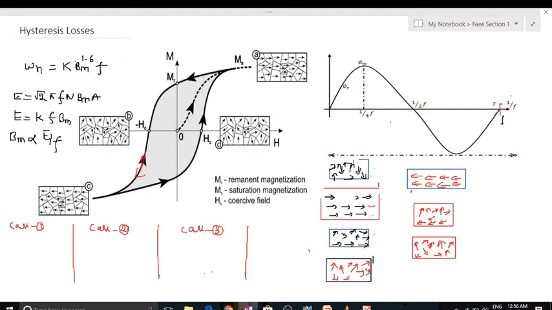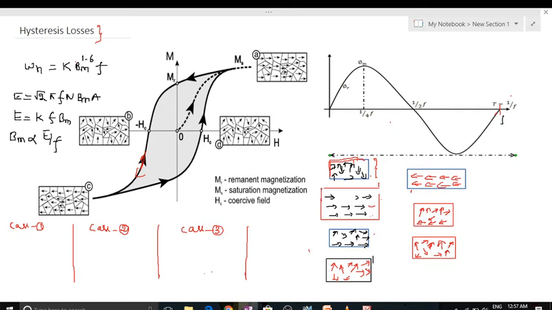transformer core. Fine, everything is over, but why do the hysteresis losses take place? That is our question. How will the losses take place? So, according to domain theory, we observe that due to the random direction, the rectangular area is less.